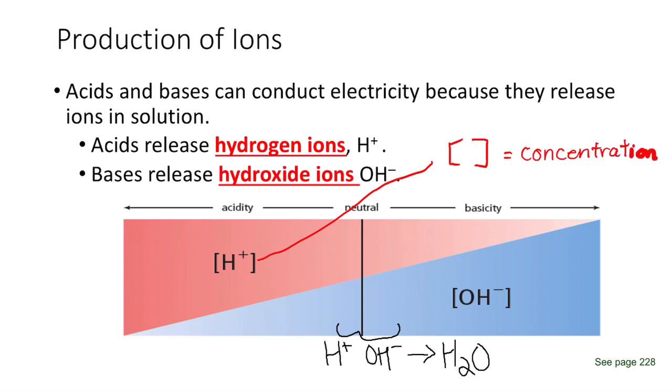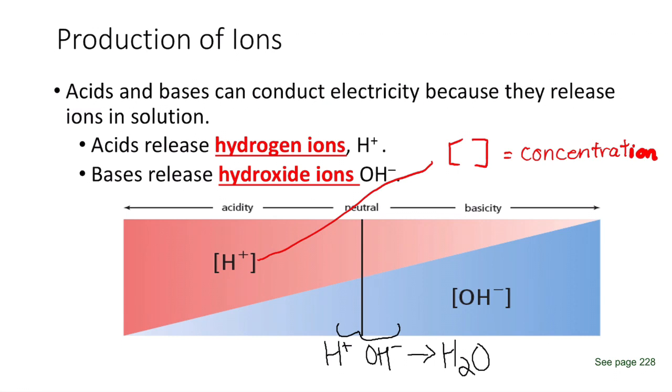It's basically a short form so that we don't have to write out the concentration of hydrogen ions. As you move to the right from neutral, it becomes more basic, so basicity increases. This is an increase in hydroxide ions, OH.